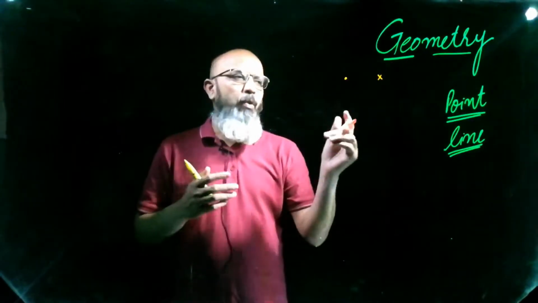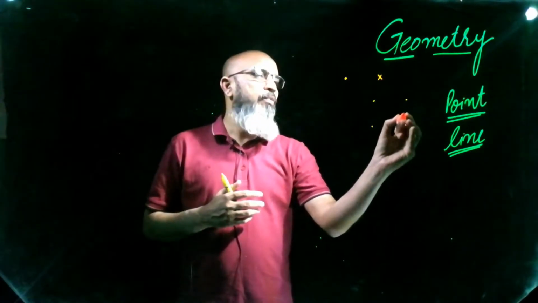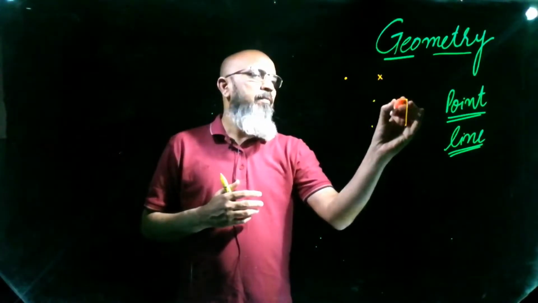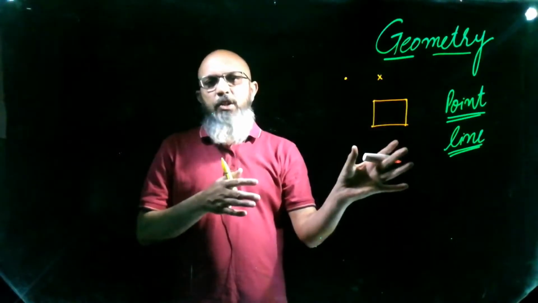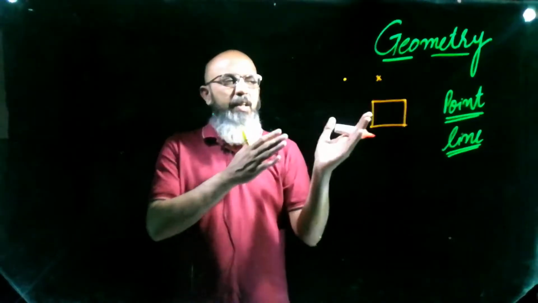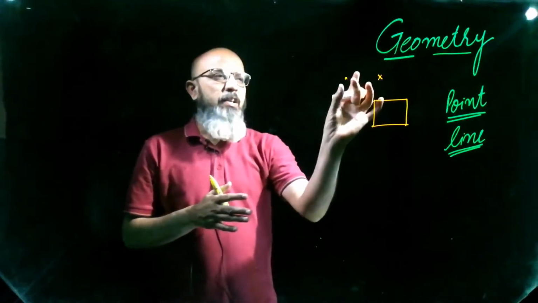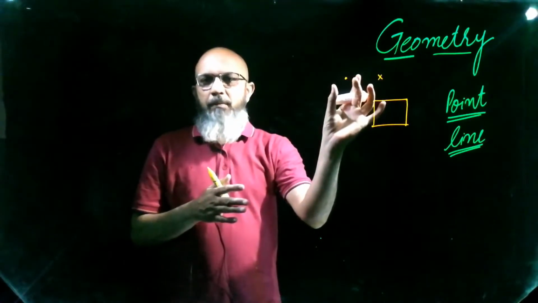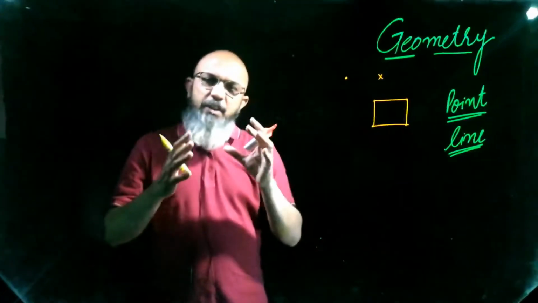Suppose we have 4 points, 1, 2, 3, 4. If I join these 4 points, what do I get? I get a geometrical shape of 4 sides. It can be a square, it can be a rectangle, right? So that is the basic point on which all the shapes are constructed.